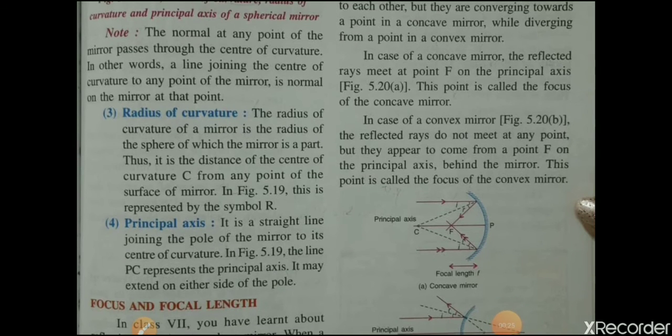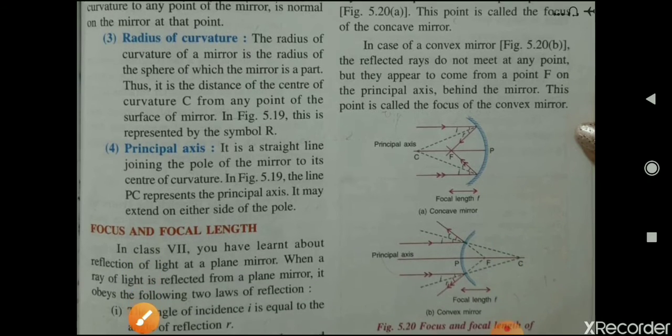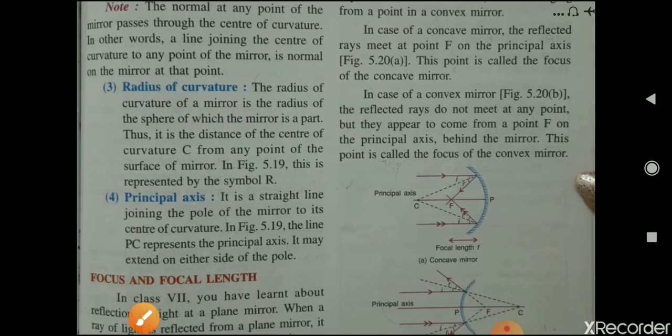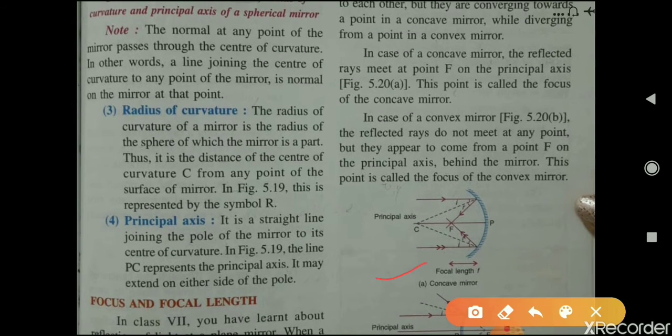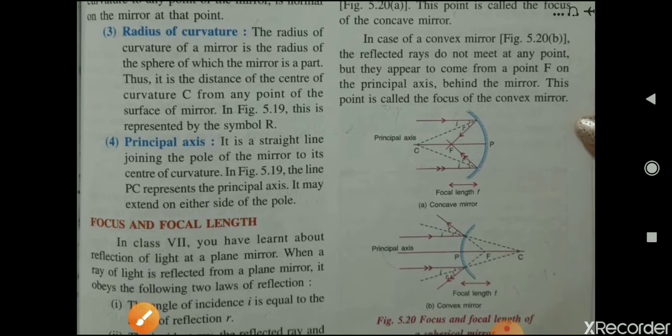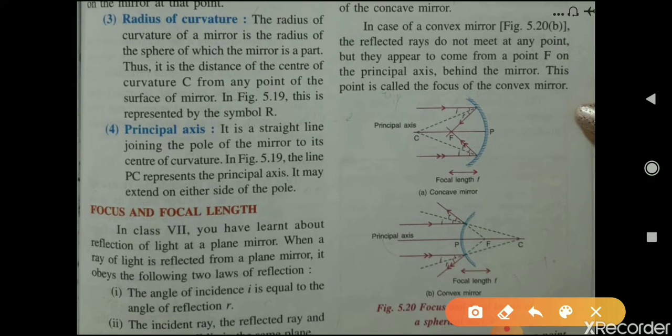Focus and focal length. As you can see here in figure number 5.20a, in case of a concave mirror, the reflected rays after reflection meet at a point F on the principal axis, and this point is called the focus of the concave mirror. And in case of a convex mirror, the reflected rays do not meet at any point.